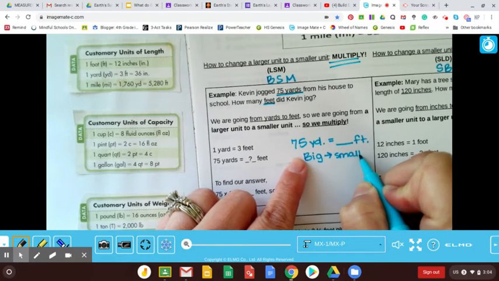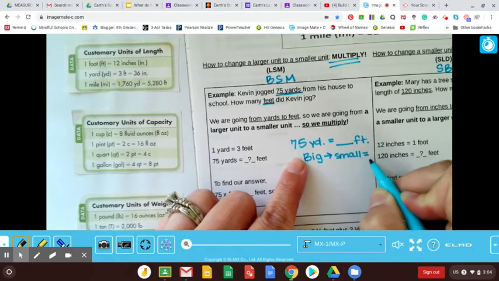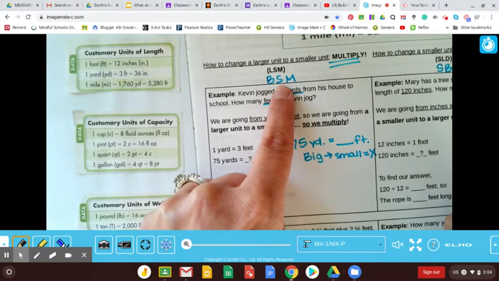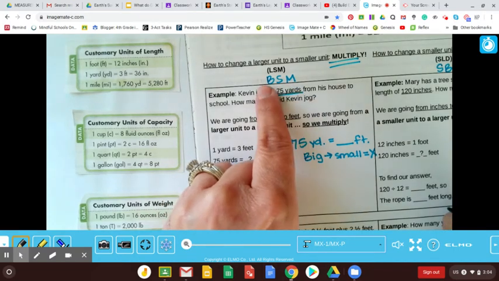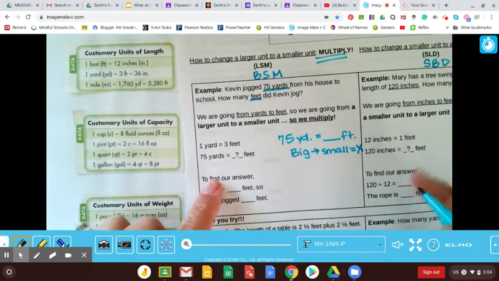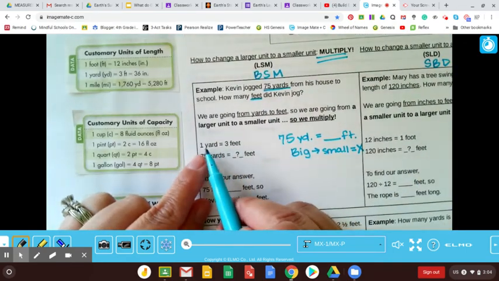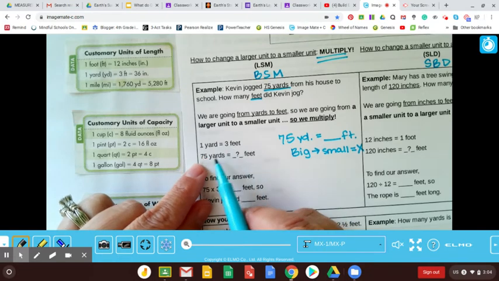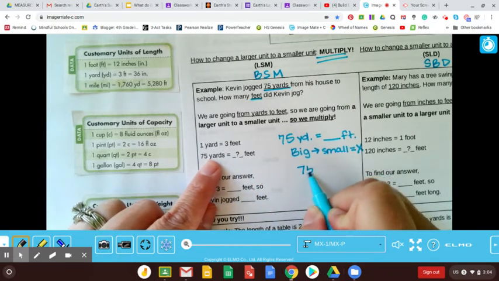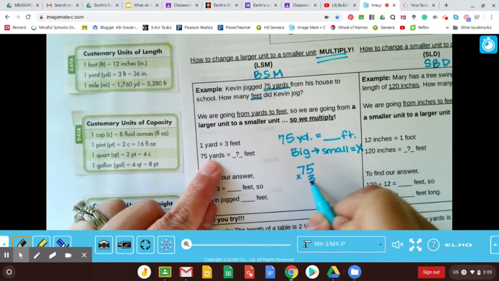And when I do that, big to small, I'm going to multiply, right? BSM, big, smelly monkeys. All right. So I know in 1 yard, it's 3 feet. So in 75 yards, if I'm going to multiply by 3, what am I going to get?